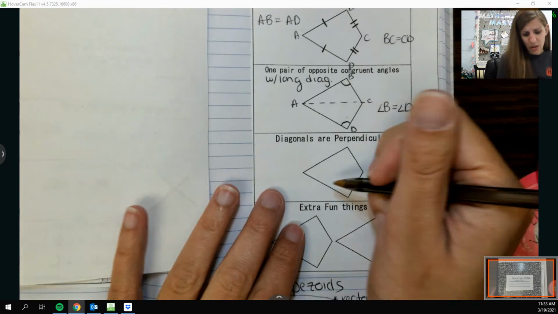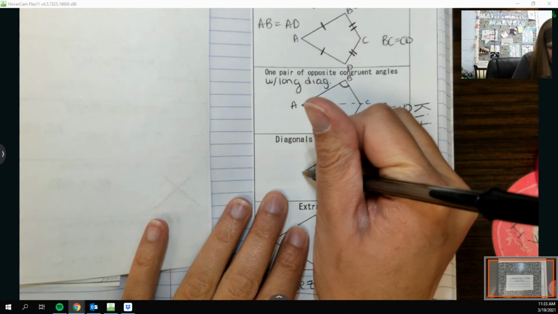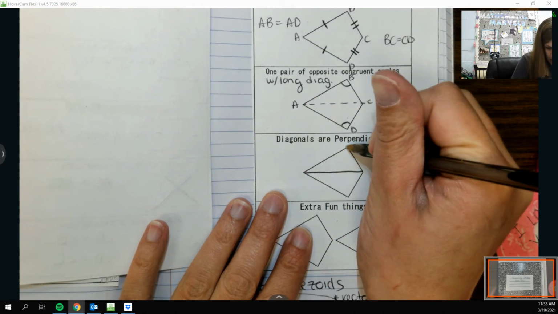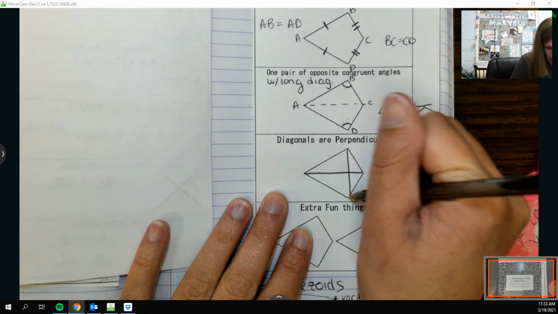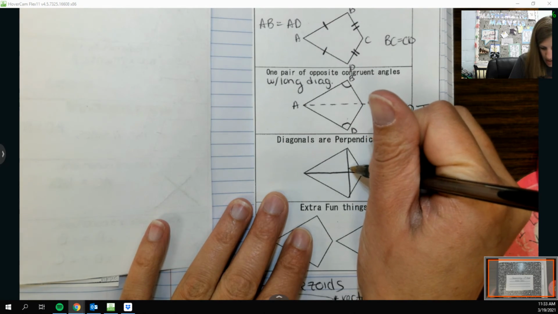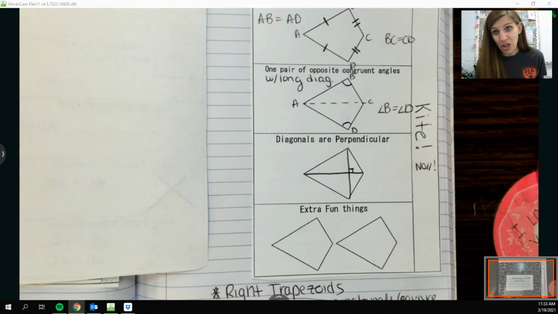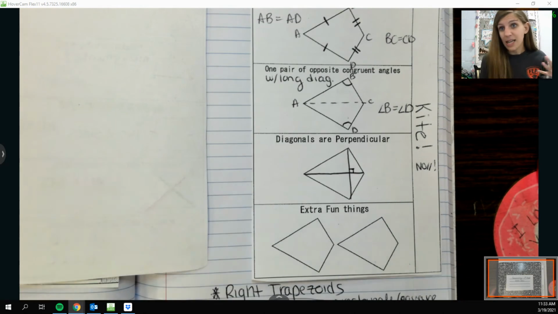Now also, when you draw both diagonals in there, much like a rhombus, the diagonals are perpendicular to each other. A rhombus also does that, and a square also does that. So that's a fun fact.